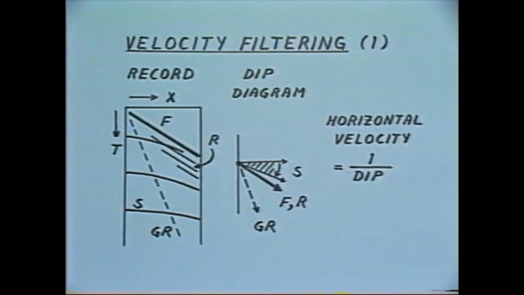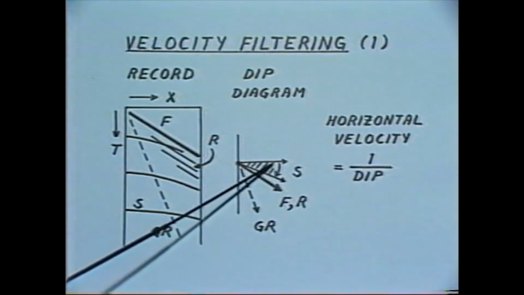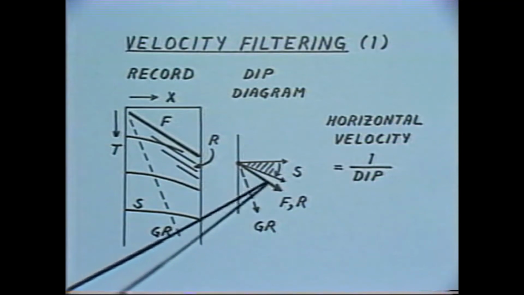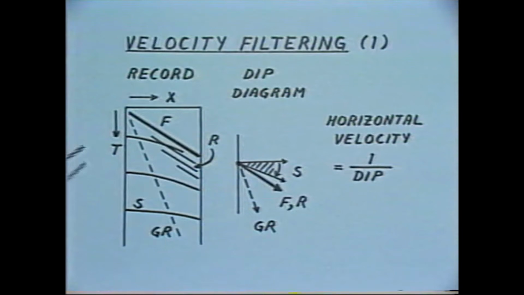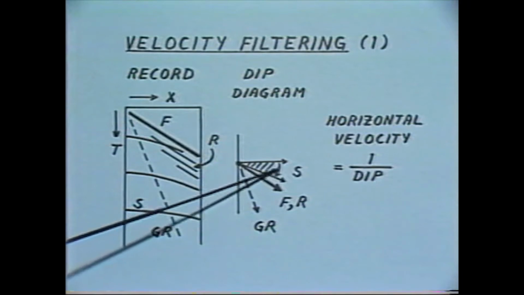And it normally turns out that the reflection signal dips occupy a range which is different than either of these two main kinds of noise, as depicted here. The signal, although it's curved, can be considered to be a series of different dips from an almost flat dip on the inside traces to a steeper dip across the outside traces. Hence it occupies a range of dips.